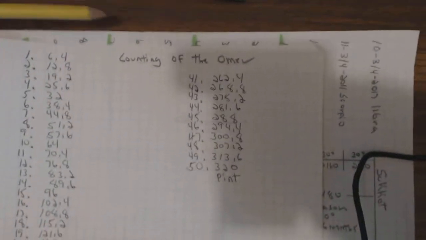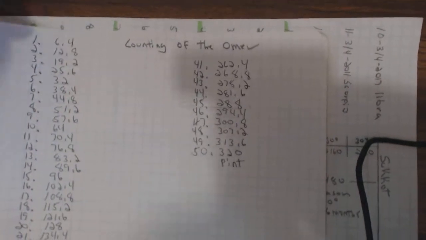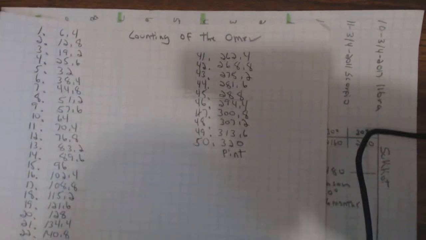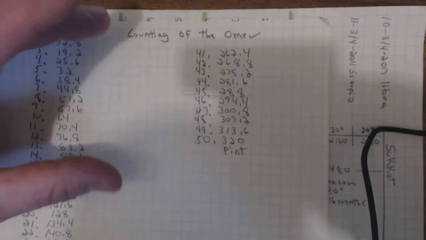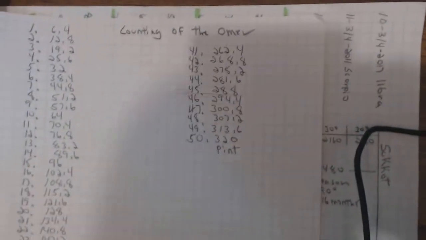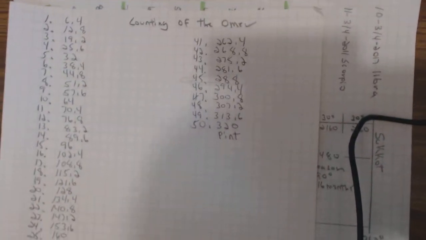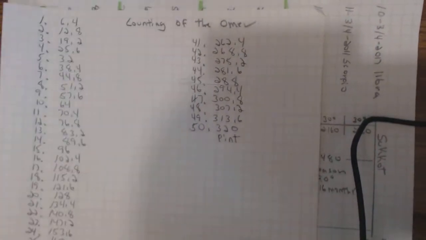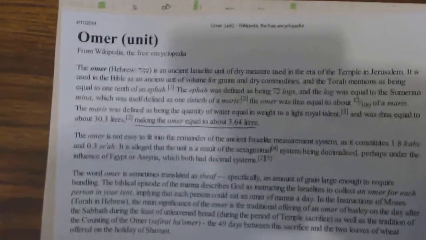All right, and so essentially what I've done here with the counting of the Omer, because the Omer is a unit of measure, is, let's see, we're going to go to this chart, which I just pulled off Wikipedia, and it describes the Omer unit.